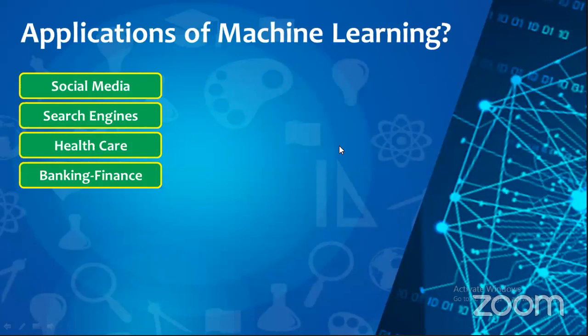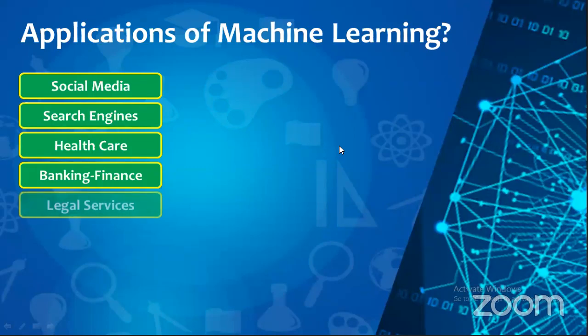So you can try to analyze, and we can give some kind of suggestions to banking and financial sectors. Definitely, what does a data scientist or a machine learning engineer do in the real-time industry? Based on this data, what is he going to predict?